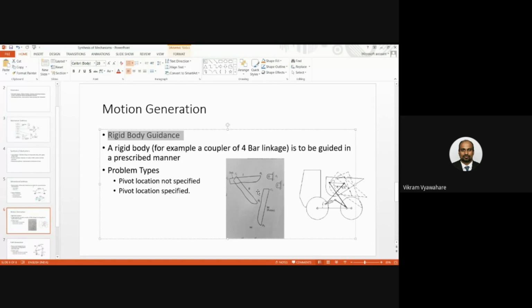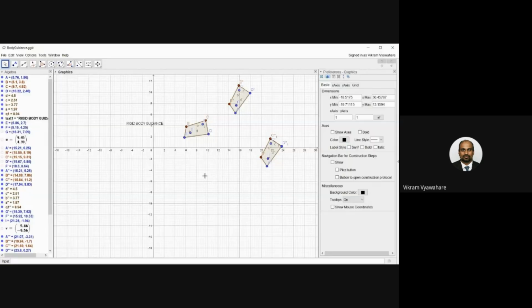There are also analytical techniques, but they are out of scope for us. Let us think of this problem where I have three prescribed positions of a body. I want to have the motion, and it should have three different locations. What is the difference between a point and a rigid body?